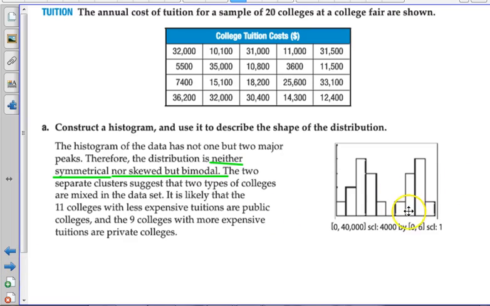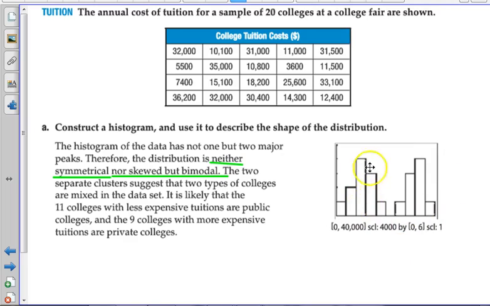So this is bimodal because it says cost of tuition for a sample of 20 colleges, okay? Why might that be? What would cause the cost of tuition at 20 colleges to lump into 2 completely different groups?